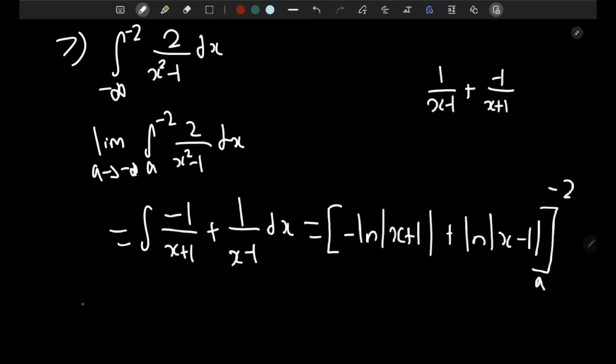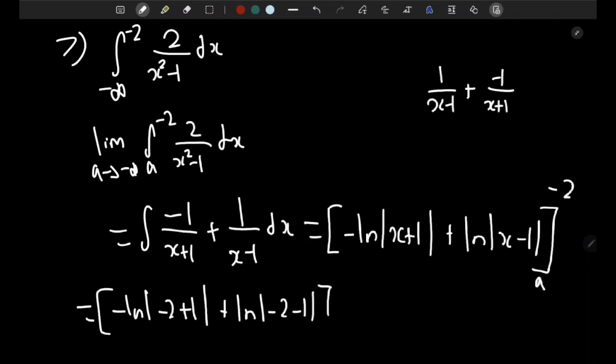So now let's substitute our limits. It's going to be equal to minus ln of minus 2 plus 1. I'm just substituting the upper limit and then the lower limit, plus ln of minus 2 minus 1, close brackets, and then minus, open brackets again, minus ln of a plus 1 plus ln of a minus 1, close brackets.